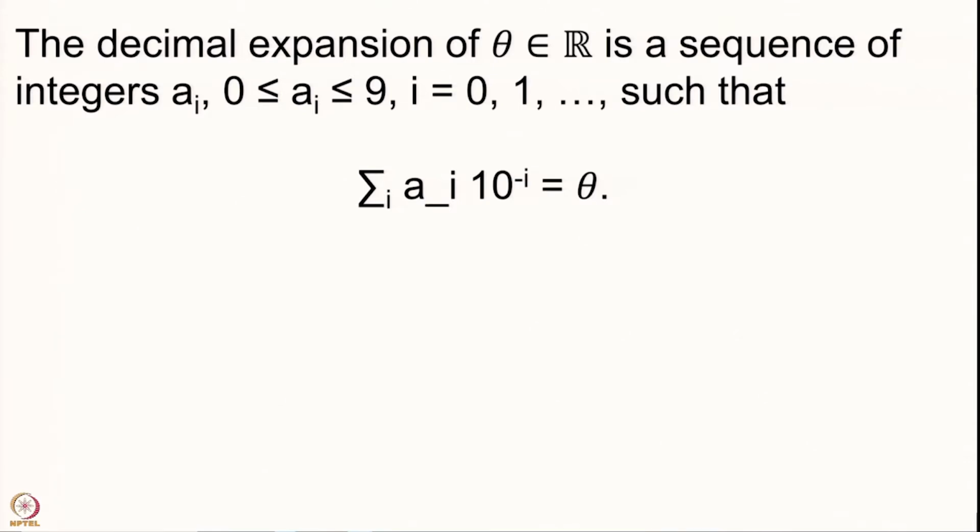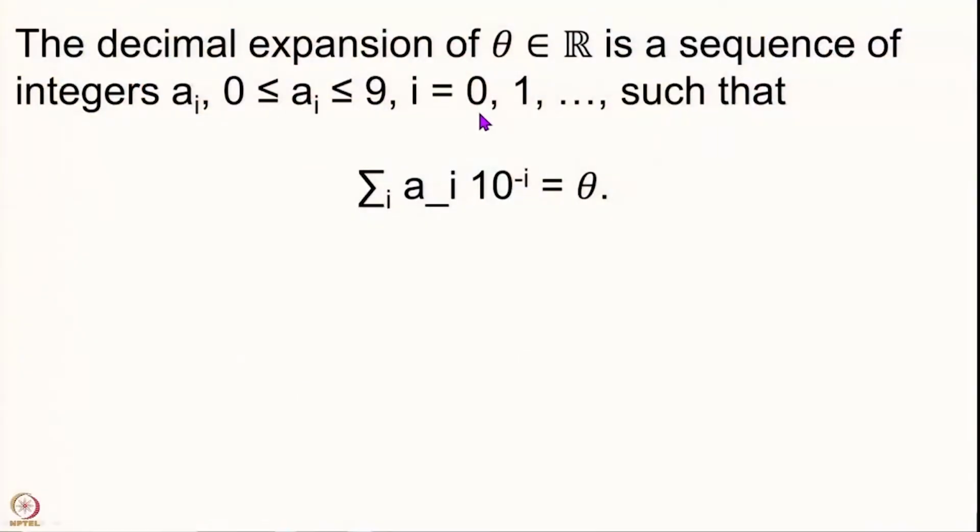Here i should not start from 0 to 1, but it will be from some quantity onwards. So, i is going to be bigger than or equal to some minus n onwards.